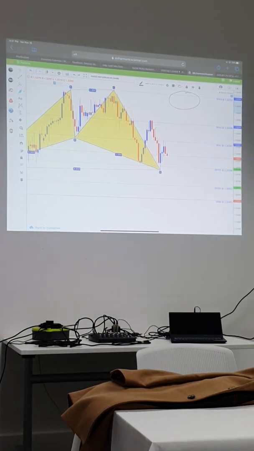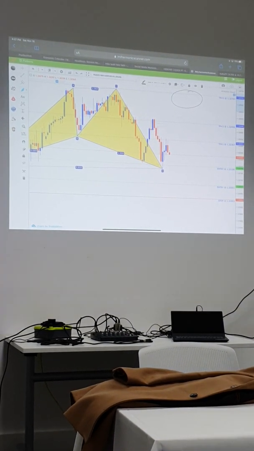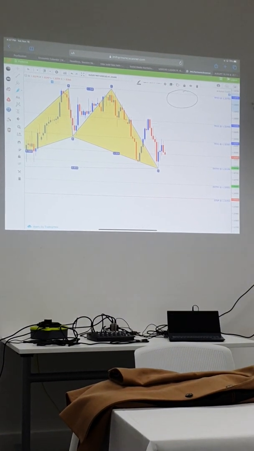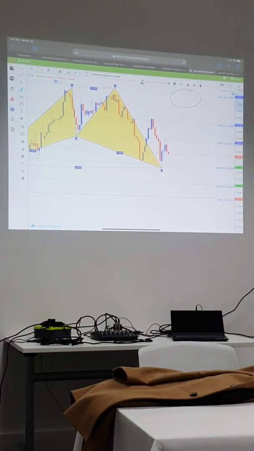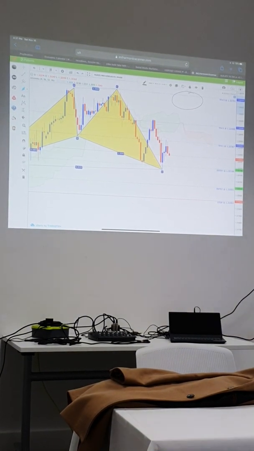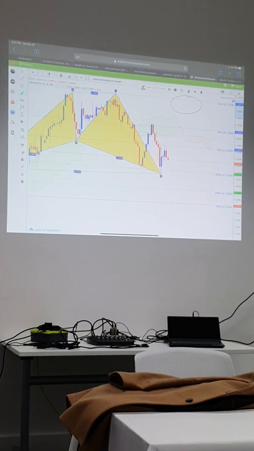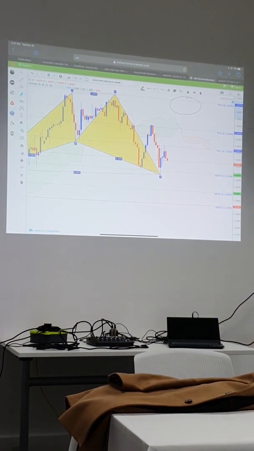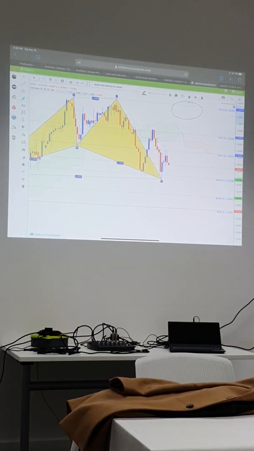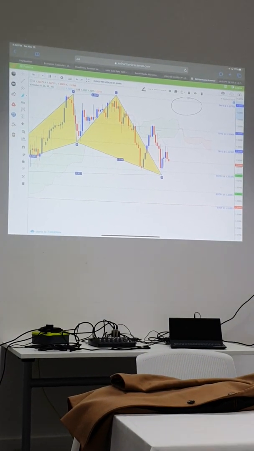Because look, if you take the cloud off, without the cloud you don't know. You just say, oh, it's a buy, I'm going to buy this to TP3, 100 pips. But when you put the cloud on there, you say, whoa, hold on. TP3 is not for me, because it's above the cloud, but we're below the cloud. It's an overall sell right now.